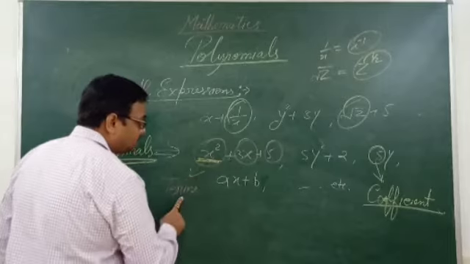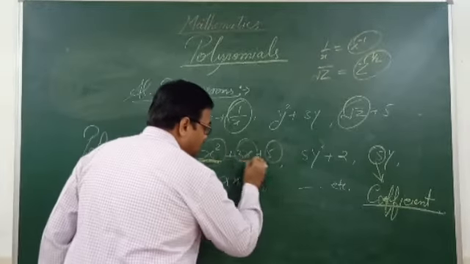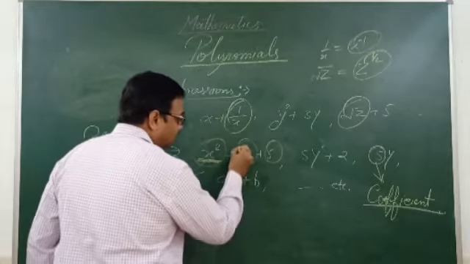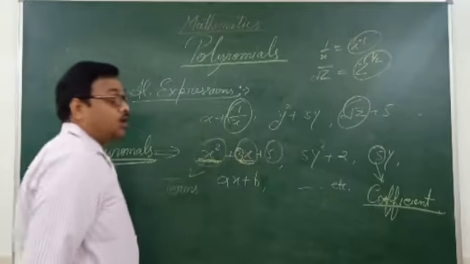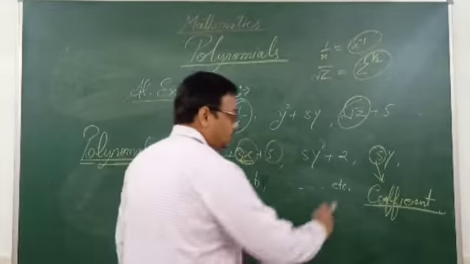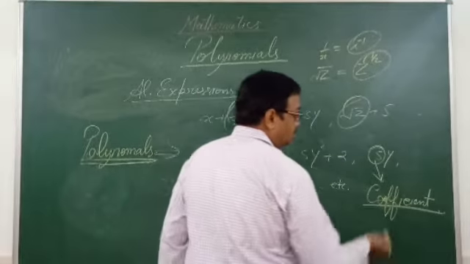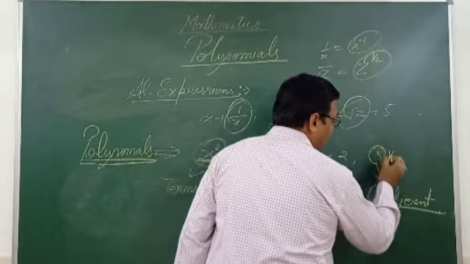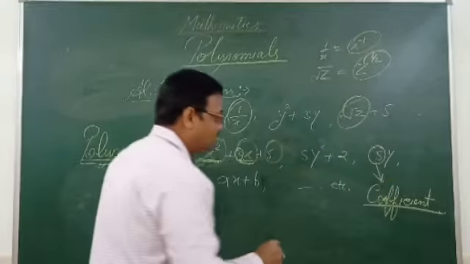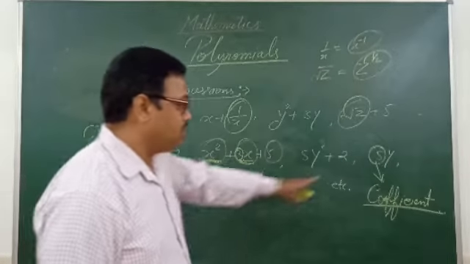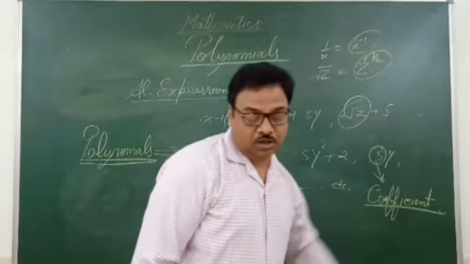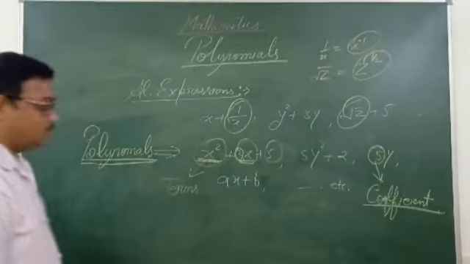This is a term, and each term has a separate coefficient. The number or non-variable given in multiplication or division is known as the coefficient.